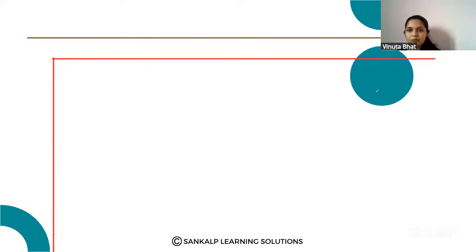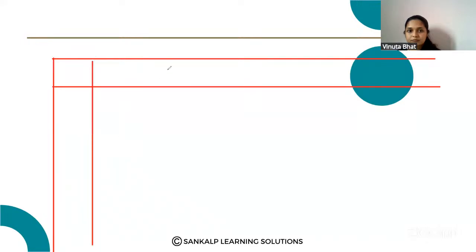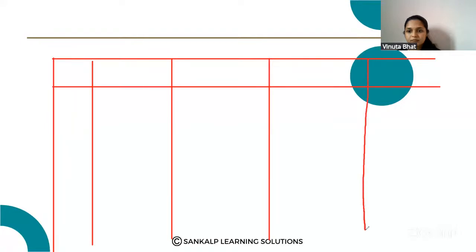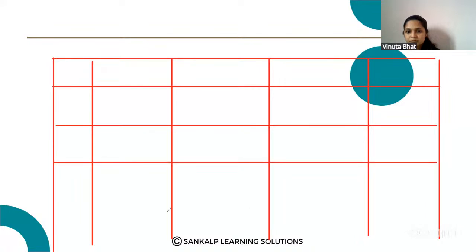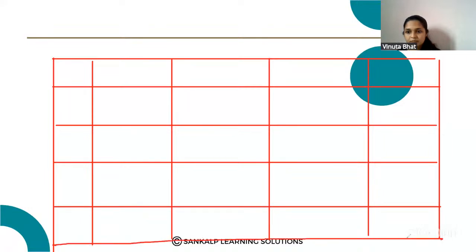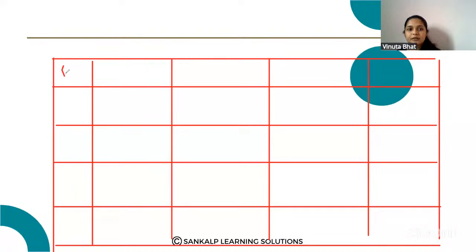I will draw the checkerboard. I will write the gametes here in this column.